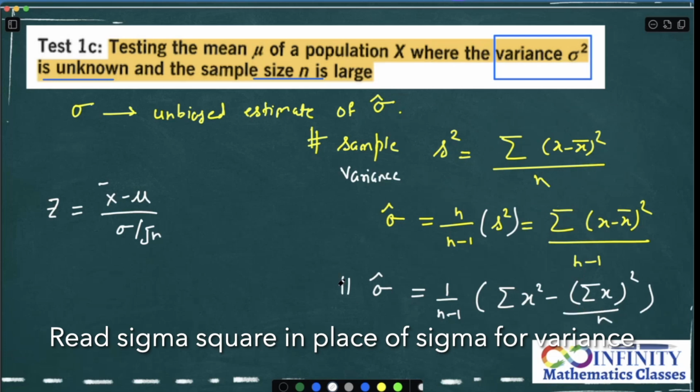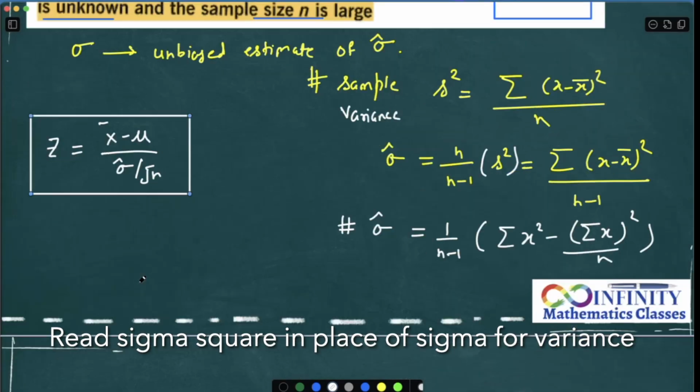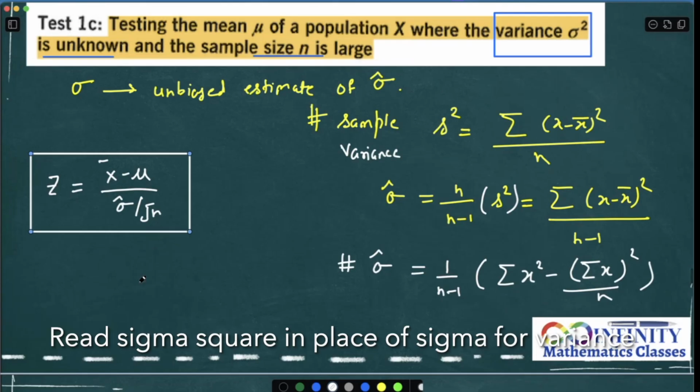This is the formula you will be using, and using this formula I will be calculating the value, and all my observation, rejection, or acceptance will be based on this formula. Any doubt? So it is 1 upon n minus 1, times sum of x squared minus (summation x) whole square divided by n.